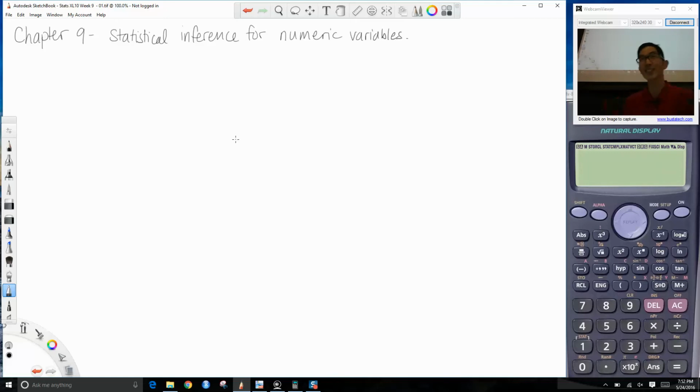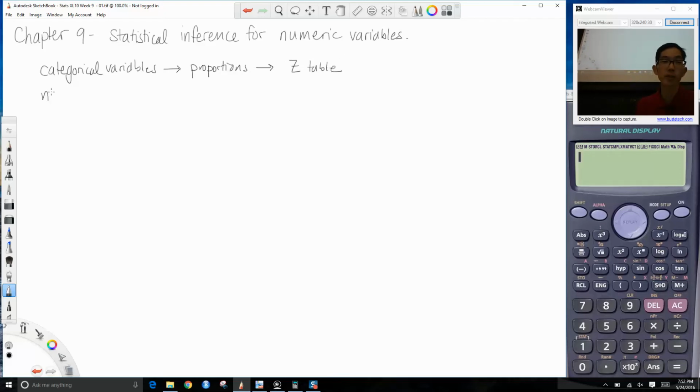All right, so this week we've got statistical inference for numeric variables. Whereas before we were dealing with categorical variables, so we were dealing with proportions, okay? With categorical variables, we deal with proportions and the z-table.